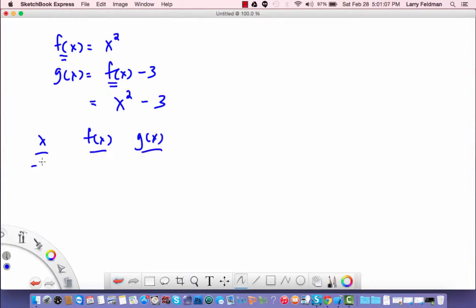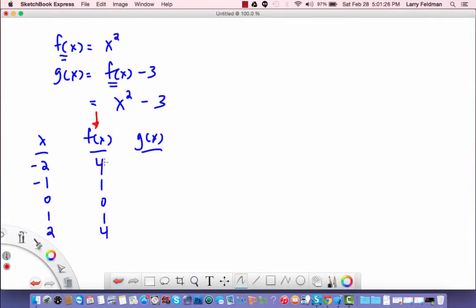We'll stick with the same 5 points. We know this is 4, 1, 0, 1, 4. Let's take a look at g of x. G of x is f of x minus 3, so we can look at the f of x column right here.